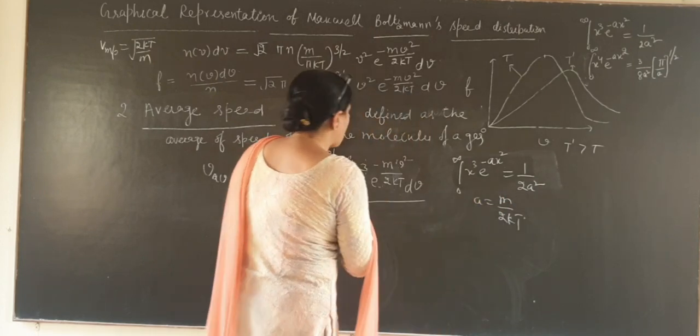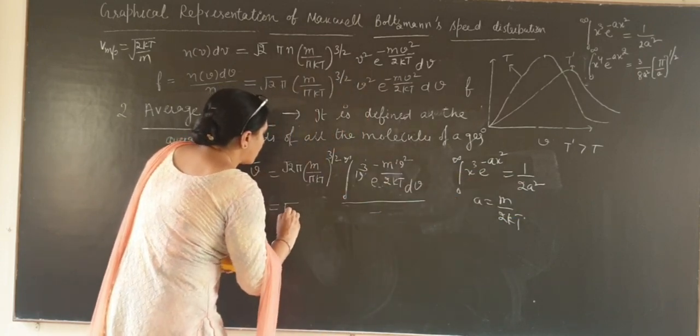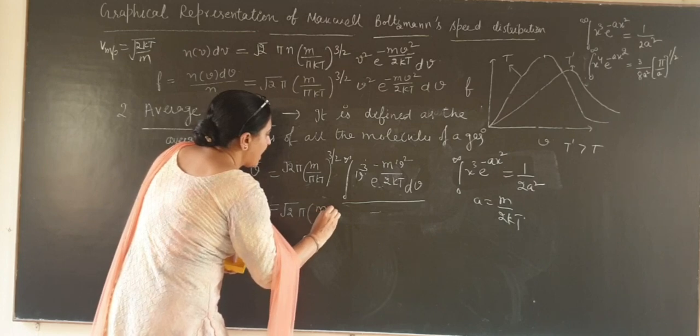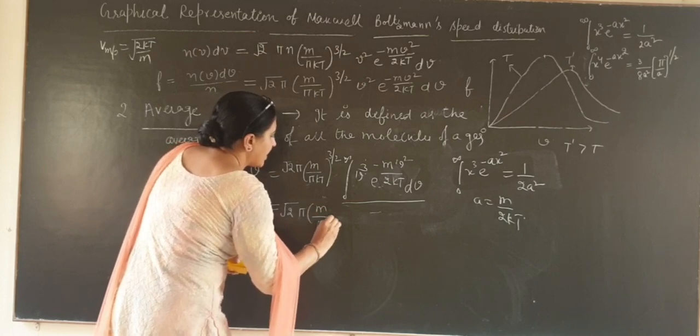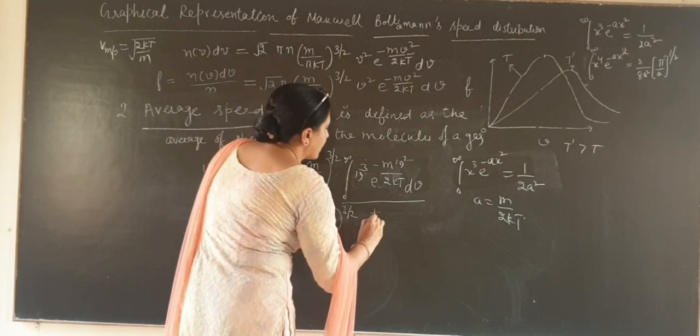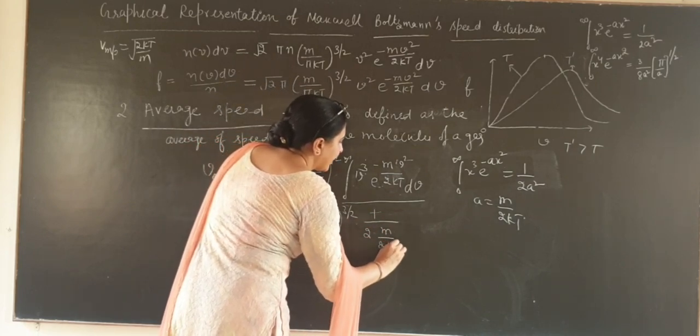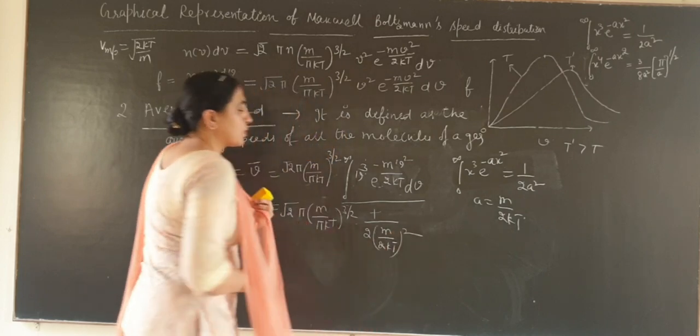So when we solve this, we get 1 over 2 a square. So this is equal to under root 2 pi, m over pi kT raised to power 3 by 2, into 1 over 2 into (m over 2kT) whole square.